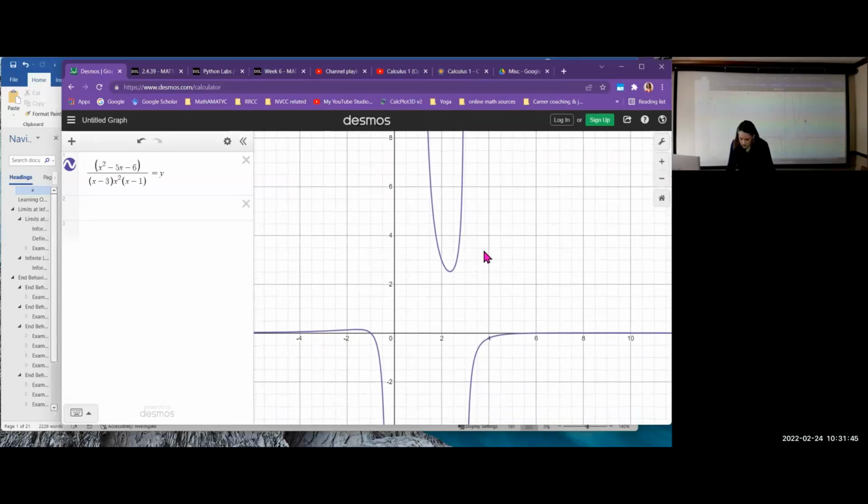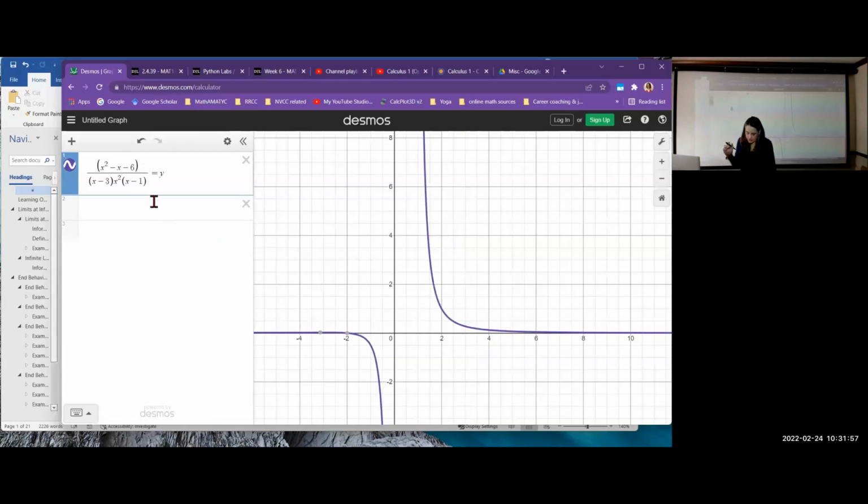Great. So we have this various behavior going on. I made a typo. That should be minus x. Now I've got my hole at 3. There we go.